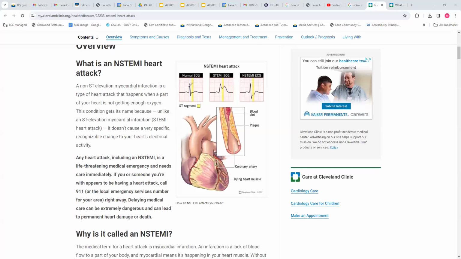You can see here on an EKG, otherwise known as an ECG, we have this section here, which is the ST segment, and you can see how it's elevated in the STEMI, right? So it's ST elevation MI. Notice here that we don't have a complete blockage. It's nearly blocked, but there's still a little bit of space in here.